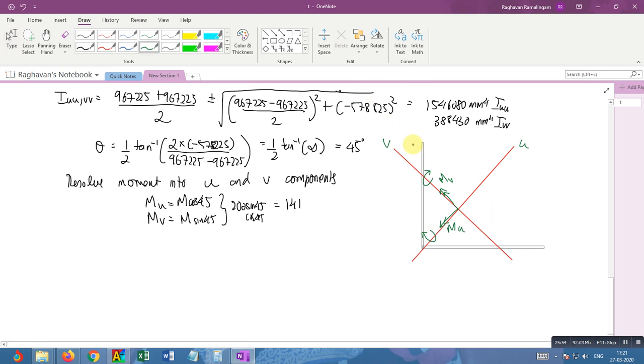So the stresses caused by MV here are positive, and these two quadrants are on the opposite side of the arrow mark. So therefore, MV is negative here in this quadrant and this quadrant.